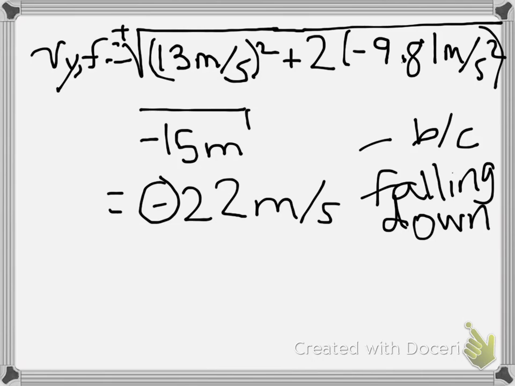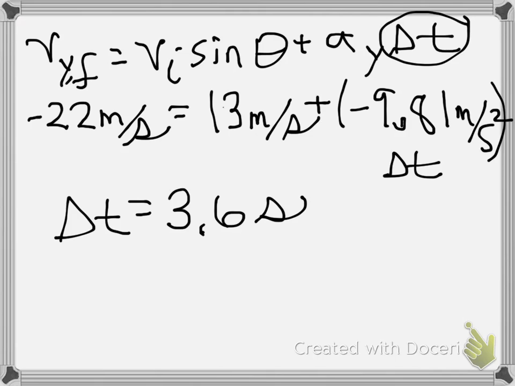When you do that, you end up with this negative 22 meters per second as our final velocity in the y direction. I can use that then to find my delta t by manipulating this equation using my negative 22 meters per second, and those numbers that I know, to get my time of 3.6 seconds.